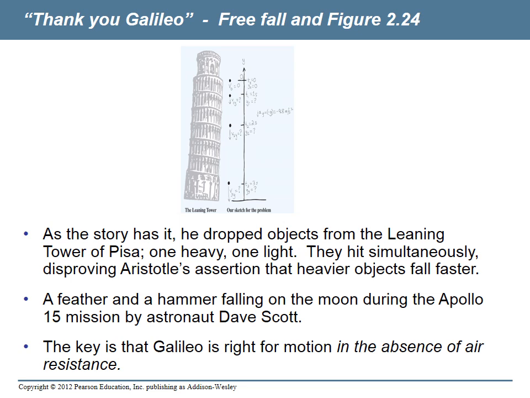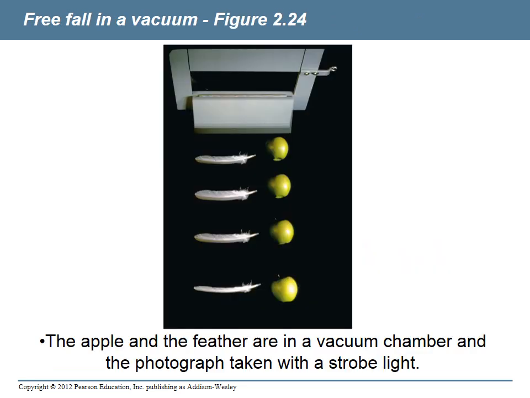This was proven further when a feather and a hammer fell on the moon during the Apollo 15 mission by astronaut Dave Scott, and they hit at the same time, so they fell at exactly the same rate. The key is that Galileo was right in the absence of air resistance. That's just another way of saying what I said on the previous slide: if we have no air resistance, or we have no air, then everything falls at the same rate.